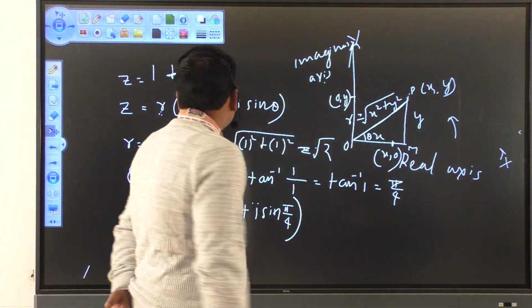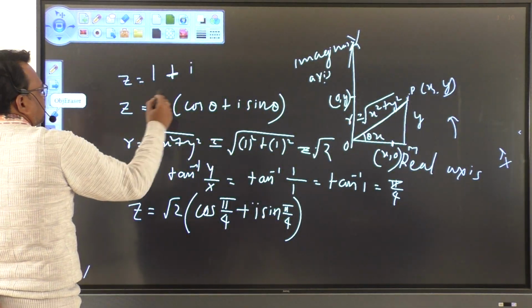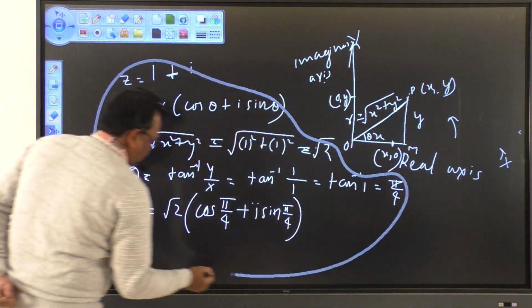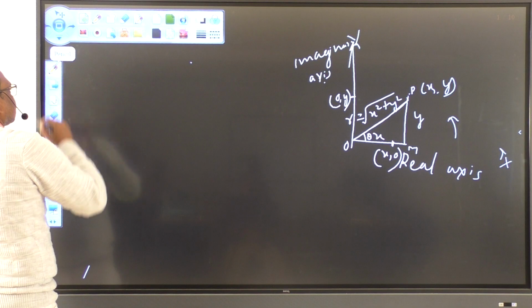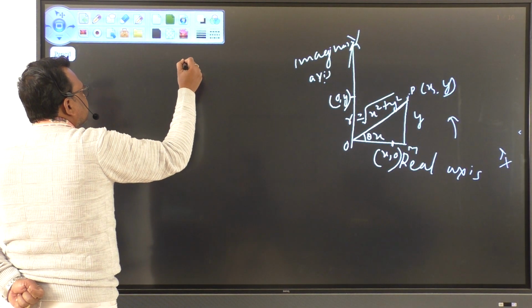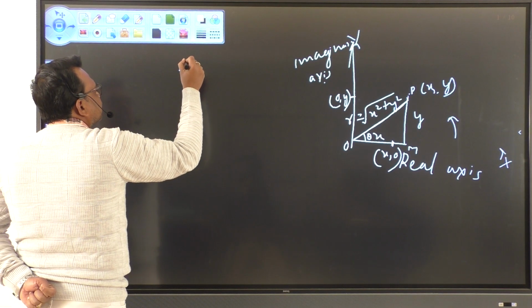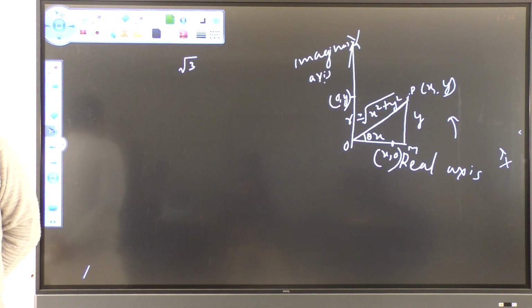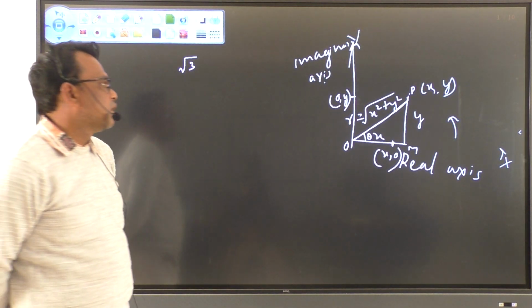let us take another example. What is the polar form or trigonometric form of the complex number root over of 3?